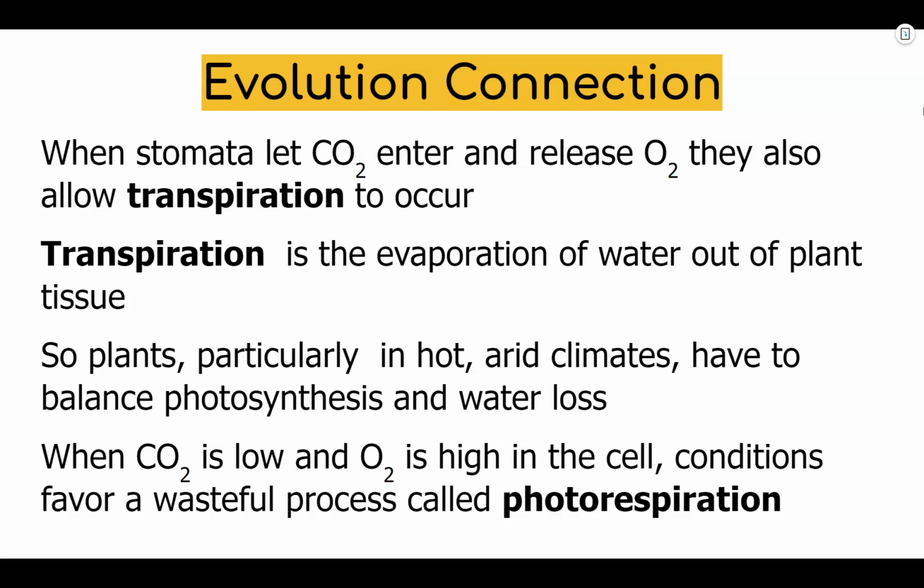But this is what happens when plants are in a really, really hot space, and water is being lost faster than they can take it up. So plants have to adapt in order to make sure they have everything they need to carry out photosynthesis. So this is our big evolution connection for our photosynthesis unit.